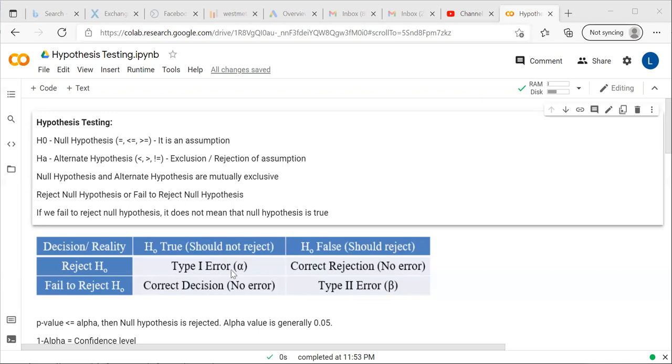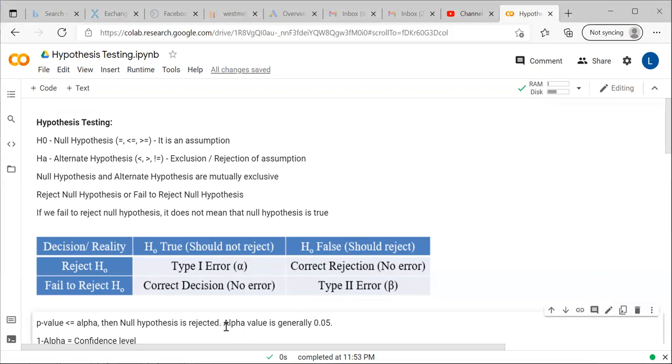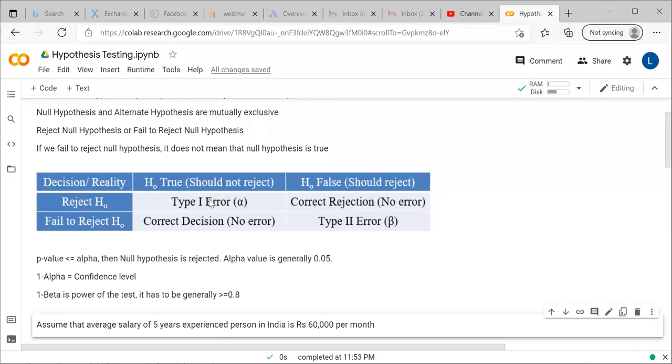Regarding this, we will explain further. But the alpha, whatever it is, is also known as the level of significance in statistics. After conducting the hypothesis test, the alpha value we generally consider is 0.05.